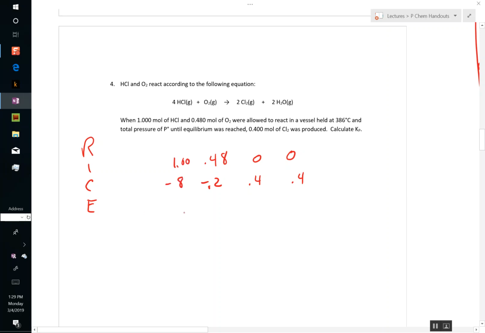All right, so what are the equilibrium concentrations? 0.2, 0.28, 0.4. Okay, now I'm going to give you a quick little road map. Sum those, and that gets you the total moles.